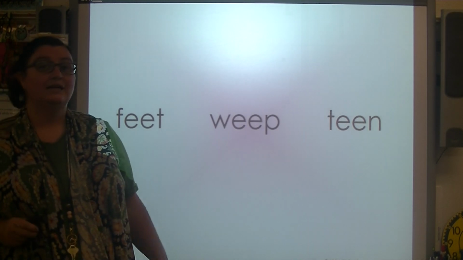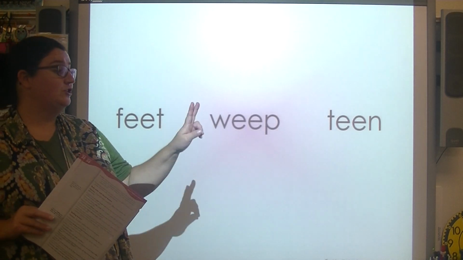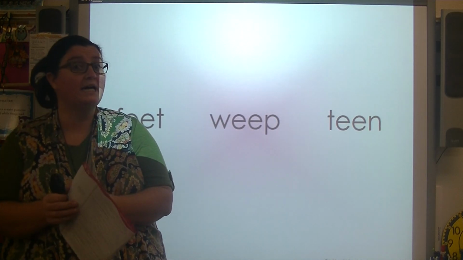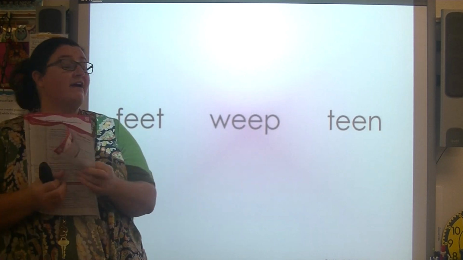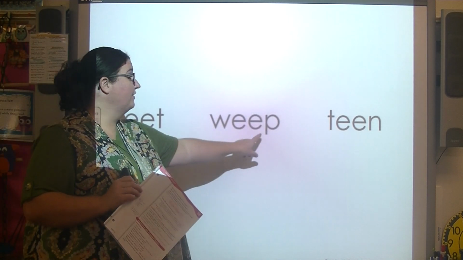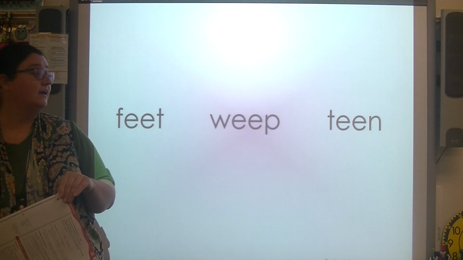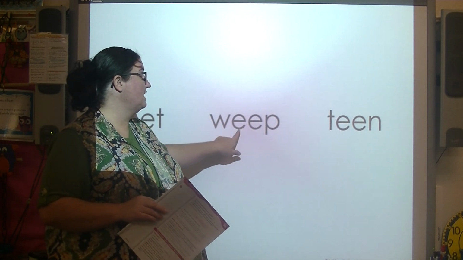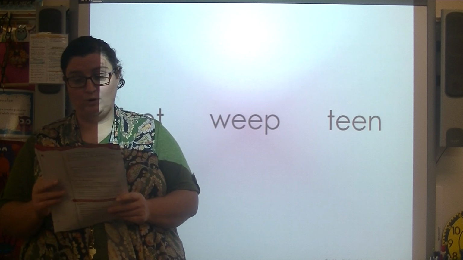It's a digraph, two letters that come together to make one sound. All right, is this a vowel digraph or a consonant digraph? It is a vowel digraph because E and E are both vowels.